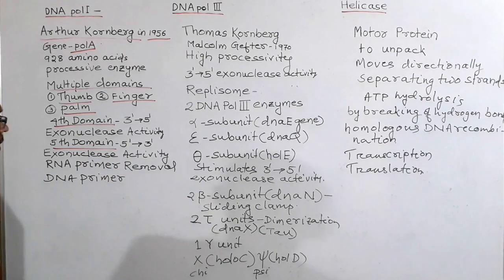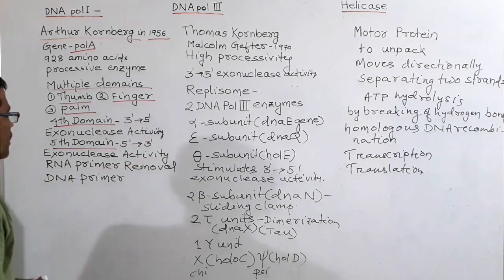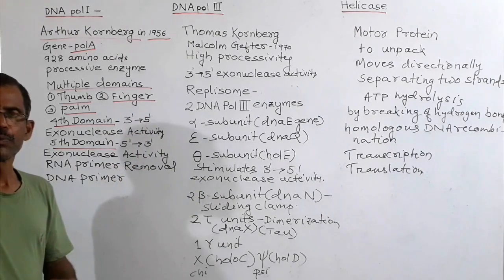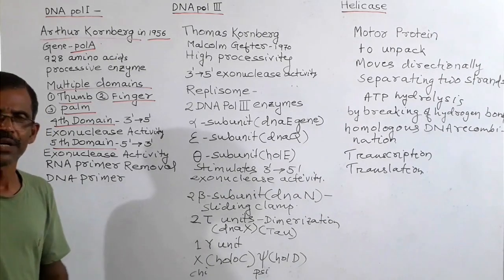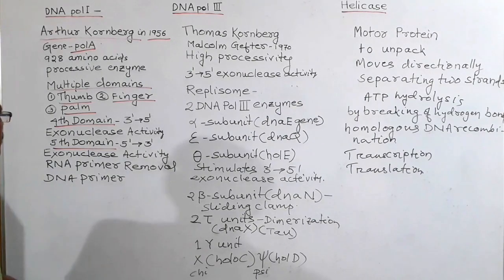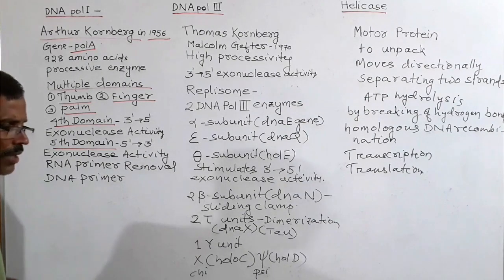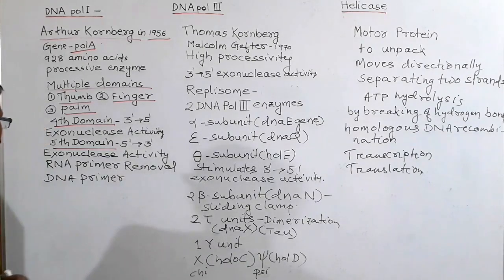The 4th domain possesses 3' to 5' exonuclease activity. 3' to 5' exonuclease activity is also known as proofreading. By its proofreading activity, DNA polymerase 1 can remove the nucleotides that are incorrectly incorporated.